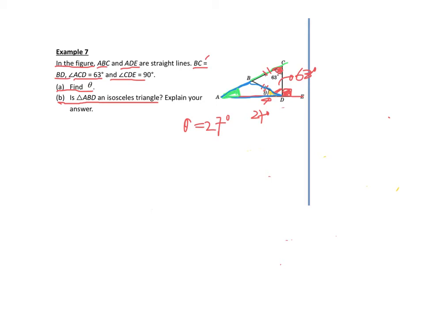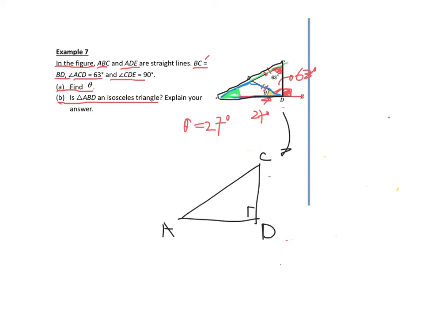And the second angle we can find is the angle BAD. Why? The angle BAD is also an angle in the triangle CDA. So we locate triangle ACD. We can see that the angle CDA, which we found, is 90 degrees, as shown in part A, and the angle ACD is equal to 63 degrees.